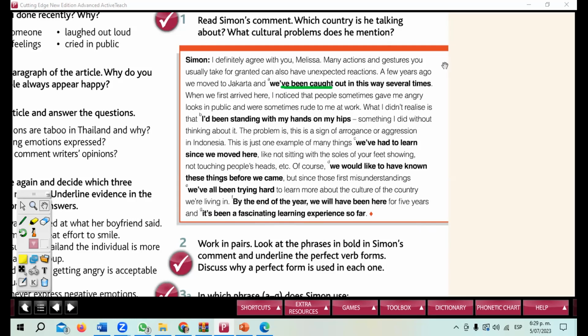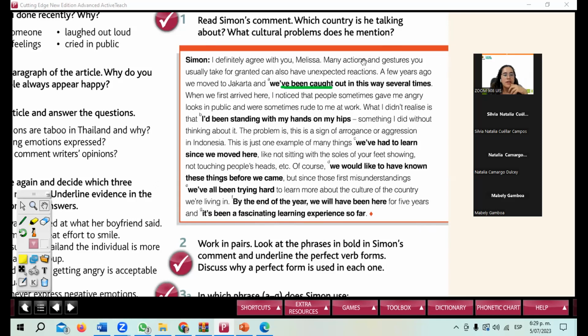All right, let's check together, okay? So, Andres, for the second sentence, what is the perfect tense? Yes, this is present perfect continuous.